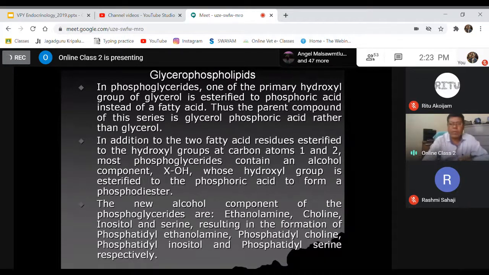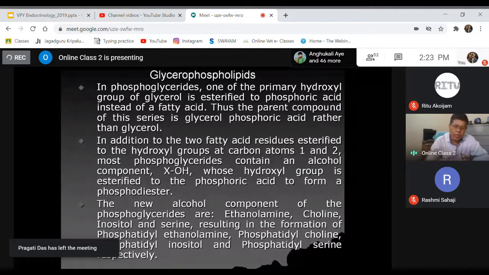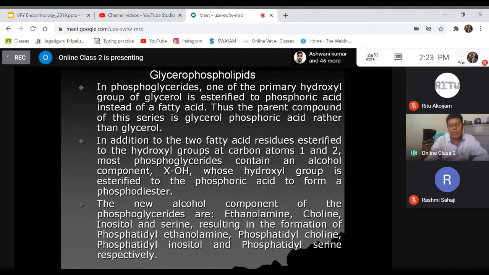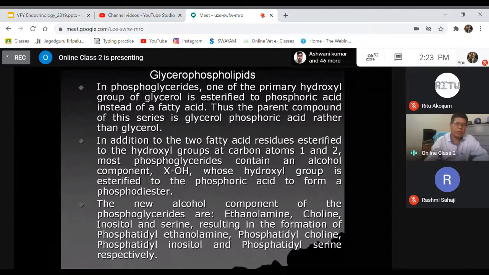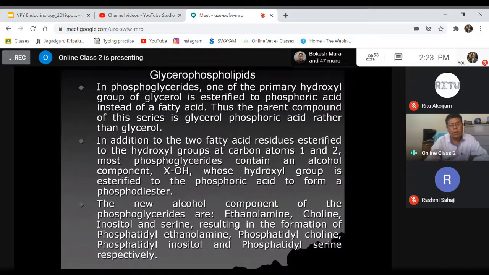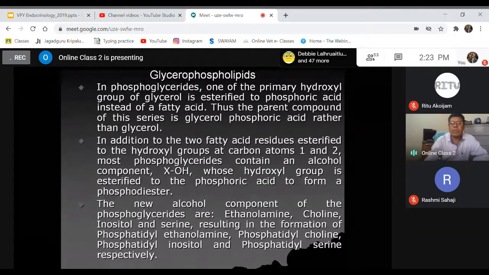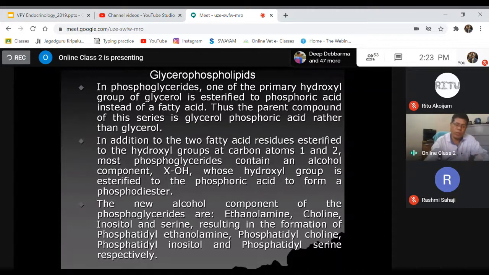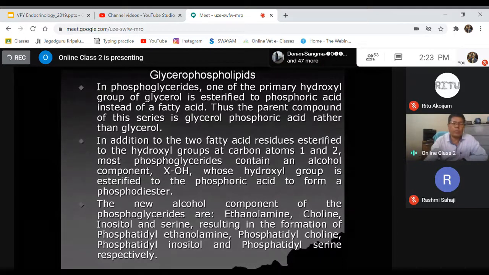The alcohol component of the phosphoglycerides that is going to link to phosphoric acid may be ethanolamine, choline, inositol, or serine. So either ethanolamine, choline, inositol, or serine is attached to the phosphoric acid, resulting in the formation of phosphatidyl choline, phosphatidyl ethanolamine. If ethanolamine is the alcohol group attached, then the compound is called phosphatidyl ethanolamine.